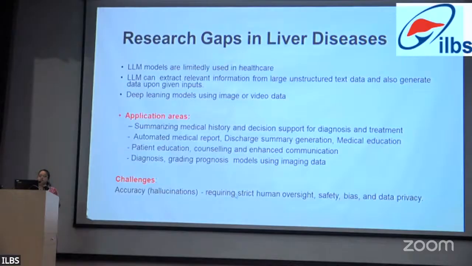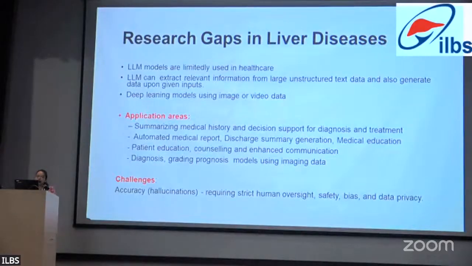And the challenges are, hallucination is a term that we have mostly seen in deep learning models. It gives the result, but most of the time it doesn't explain why it is giving it. The explanation is limited. So sometimes hallucination is a problem.